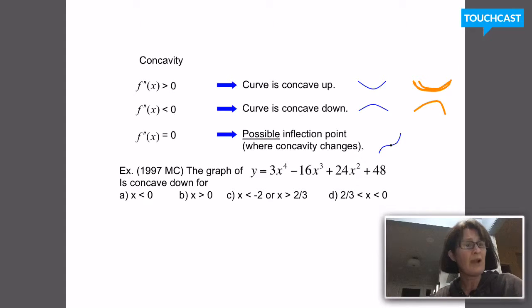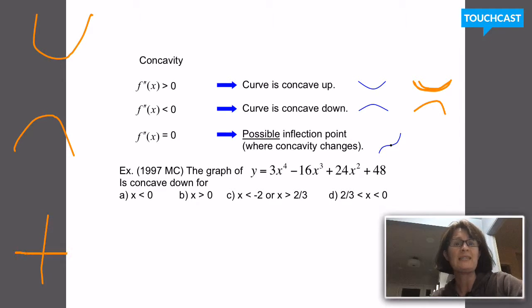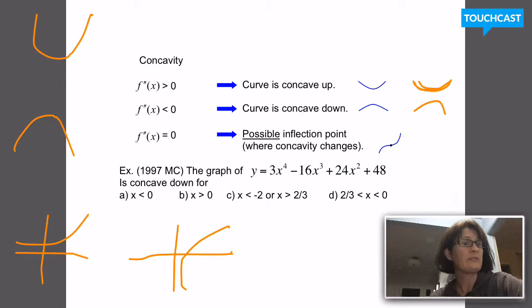So a parabola whose leading coefficient is positive is concave up everywhere. A parabola whose leading coefficient is negative is concave down everywhere. The function y equals e to the x, concave up everywhere. The function y equals natural log of x, concave down everywhere.